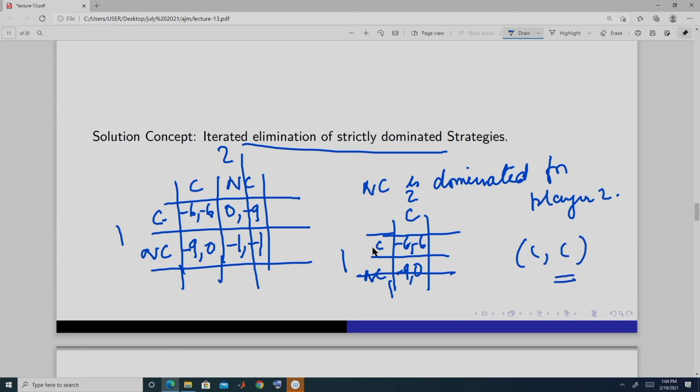Player 1 will choose C after this elimination. Suppose player 2 starts this process of elimination, then we remove this and arrive at this reduced form. From here player 2 does not have any actions or strategies to remove, it has only one. Player 1 has two, removes the NC, and we end up having only this outcome. So, this is the outcome of this game under iterated elimination of dominated strategies.